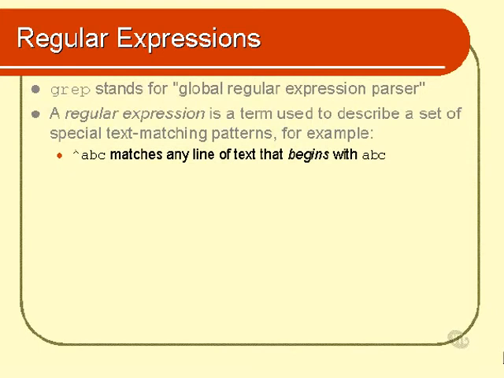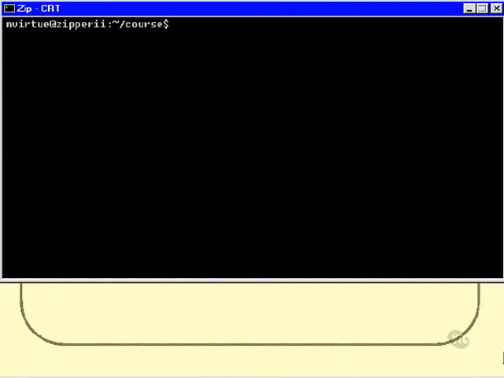So let's have a look at that in action using grep. I have a text file called sample in the current directory, and I'm going to search that file for lines that begin with ABC. Now let's see if there are any. So we'll search for grep, and then notice that I'm going to put a single quote around this, caret ABC, and then single quotes.